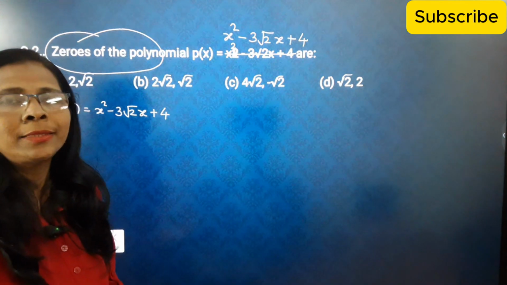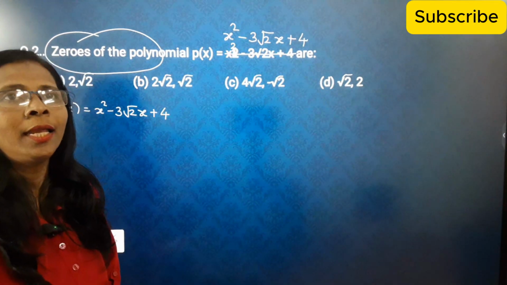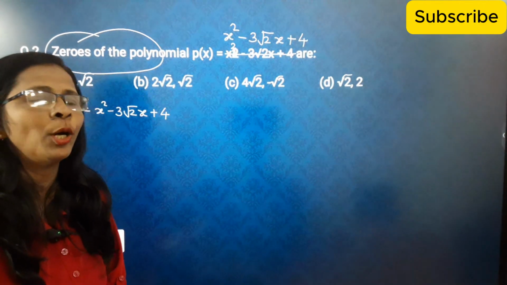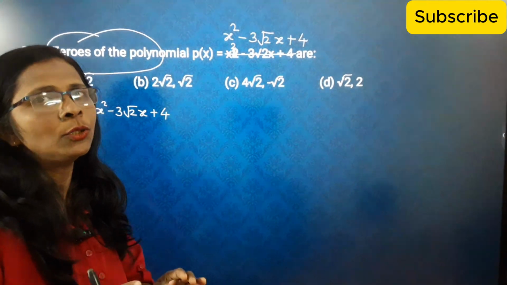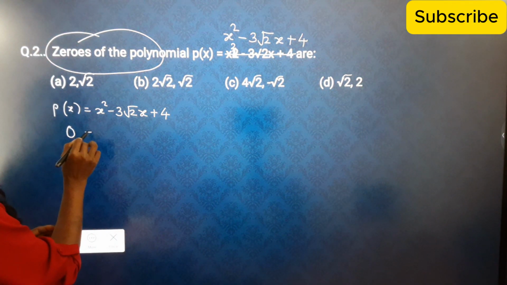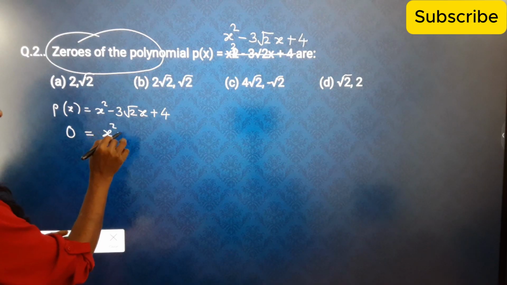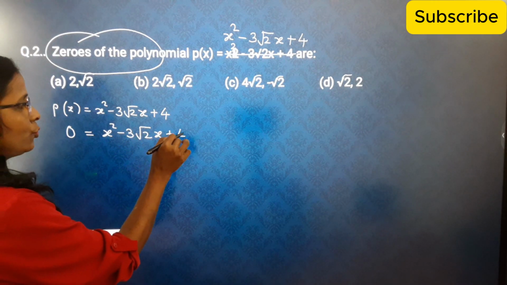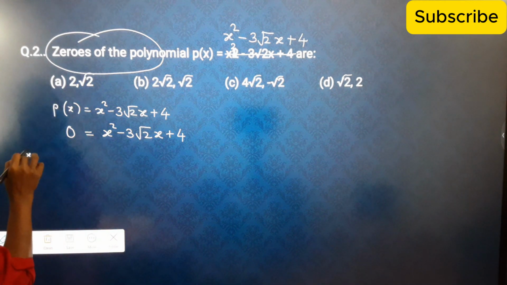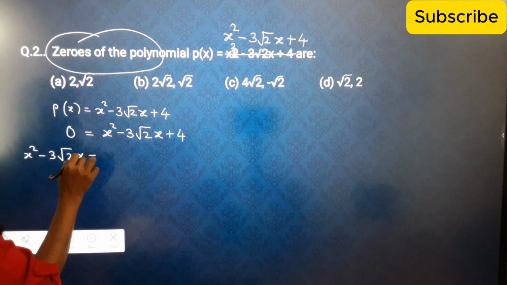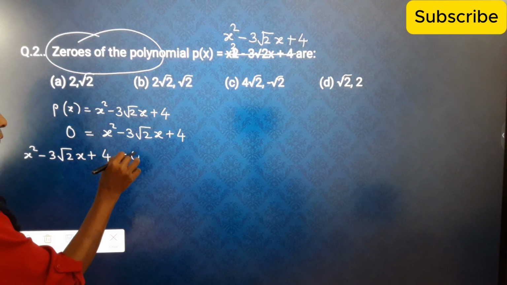What does this mean? It means that the value of your polynomial is equal to 0. So you have to write 0 here. Then x square minus 3 root 2x plus 4, so x square minus 3 root 2x plus 4 is equal to 0.